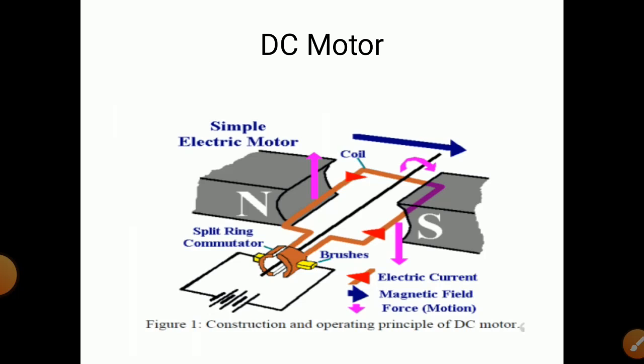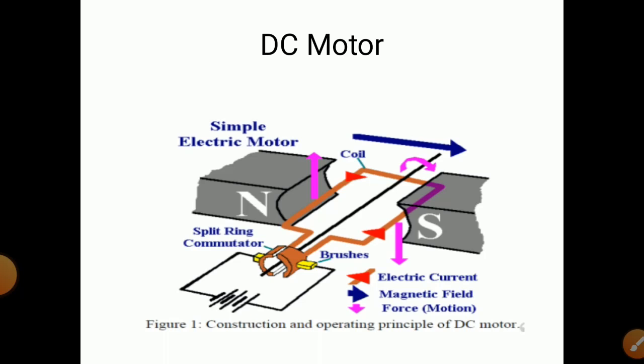Now this is the DC motor. This is a simple electric motor. I think you all know the working of DC motor. There are two magnetic poles provided, N and S, north and south pole. In between them one coil, or conductor, is placed.